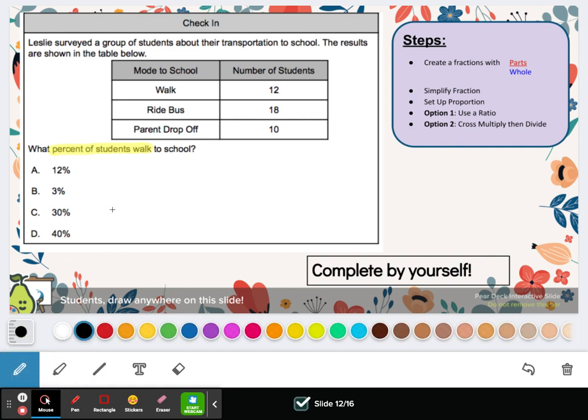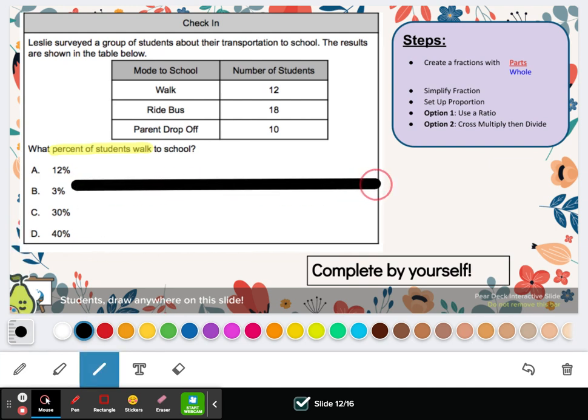So let me do my UPSL right here. Okay, let's do it like this, this right here and this right here.